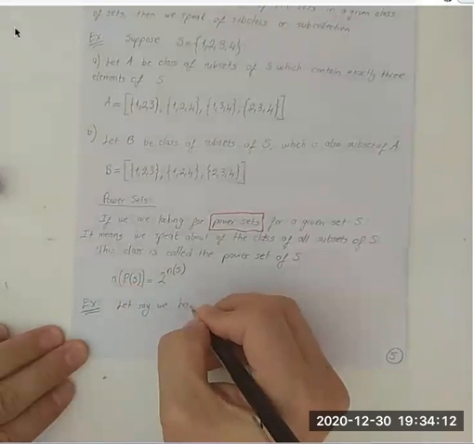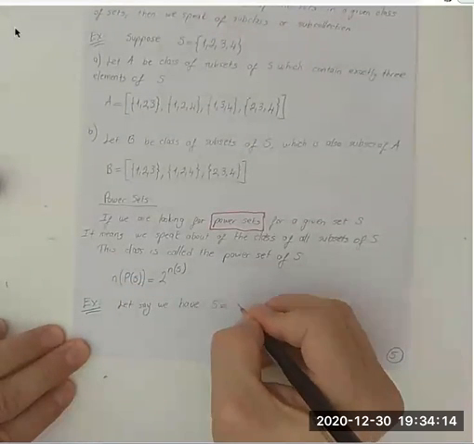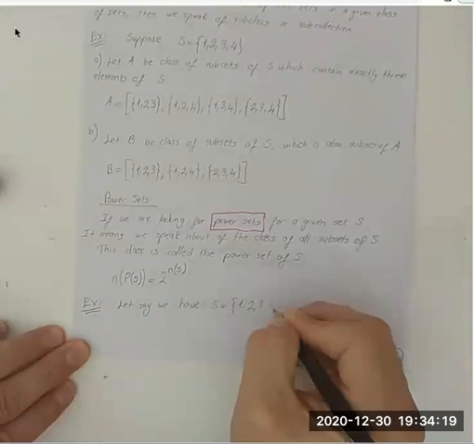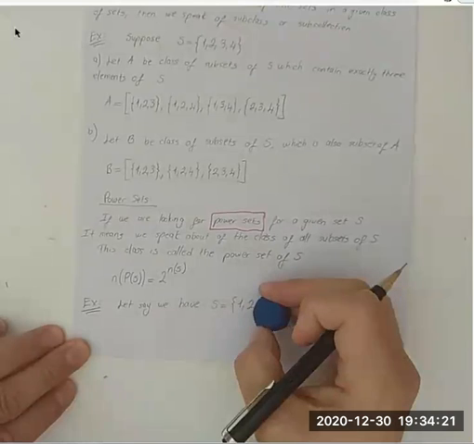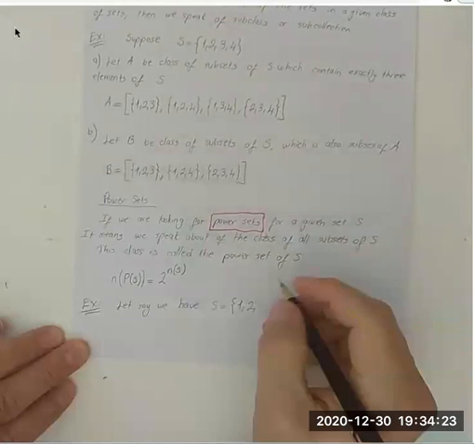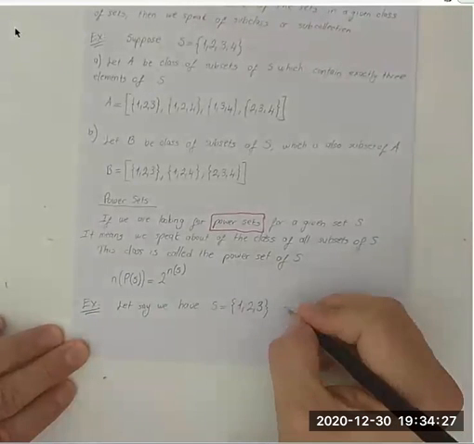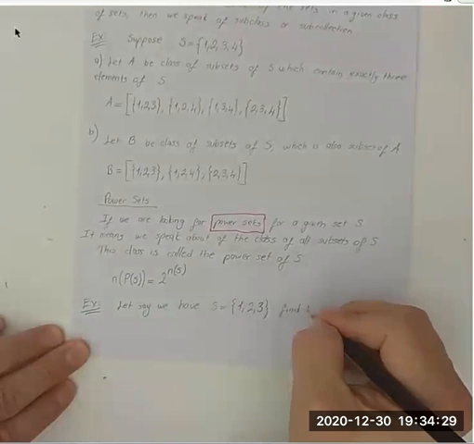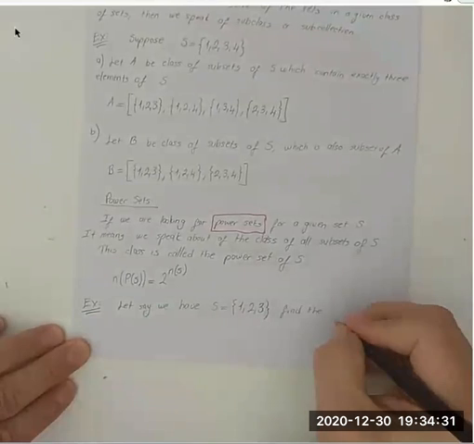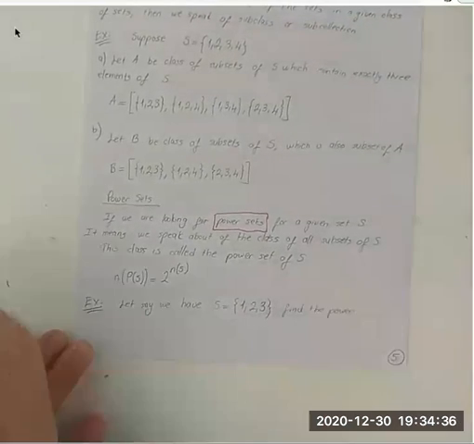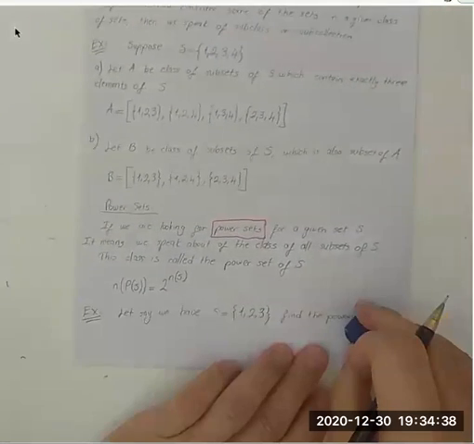It is easy, right? The number of elements of S is 3 as a solution or answer. And the number of elements of the power set of S is equal to 2 to the power of the number of elements of S. Number of S is 3, so 2 to the power 3. This is equal to 8.